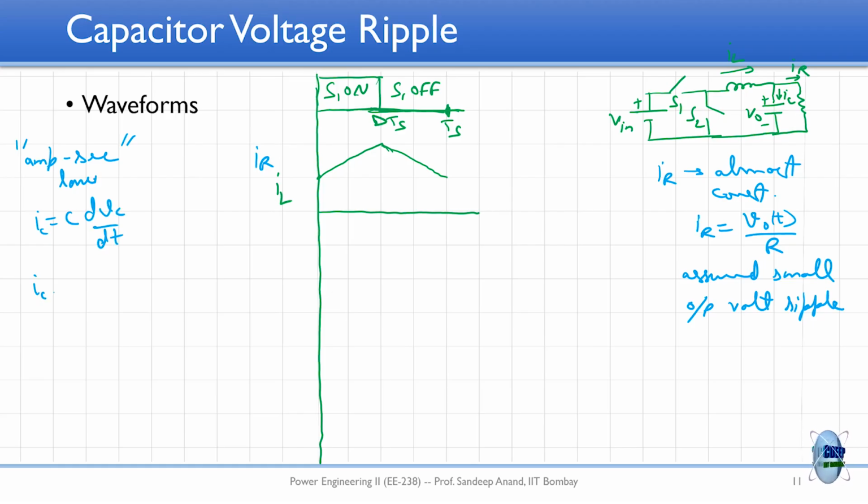You integrate from 0 to Ts, from capacitor voltage at 0 to capacitor voltage at Ts, assuming steady state, the right side integral will be equal to 0, and you will get the expression that the average current in the capacitor is equal to 0 at steady state. Alright? Okay?